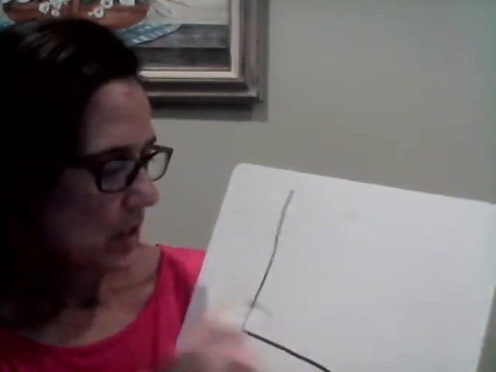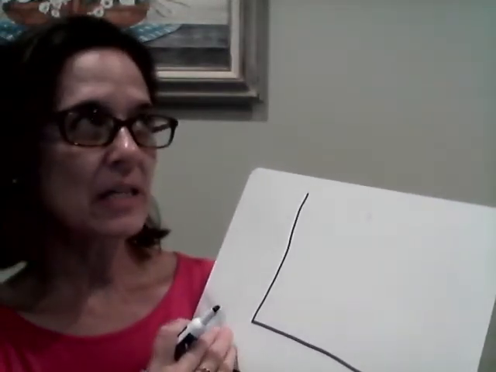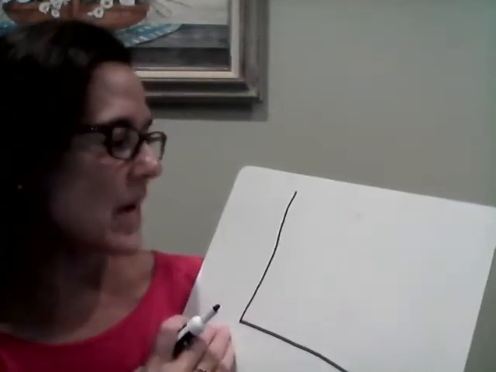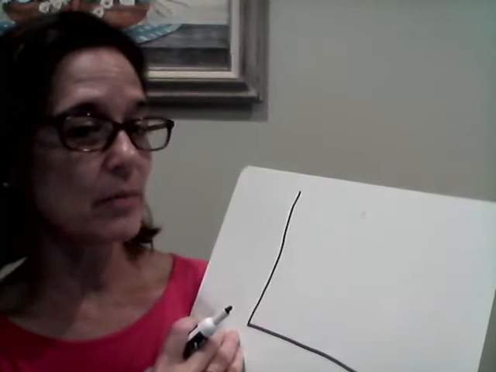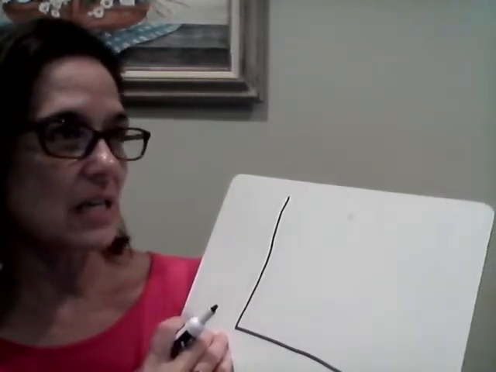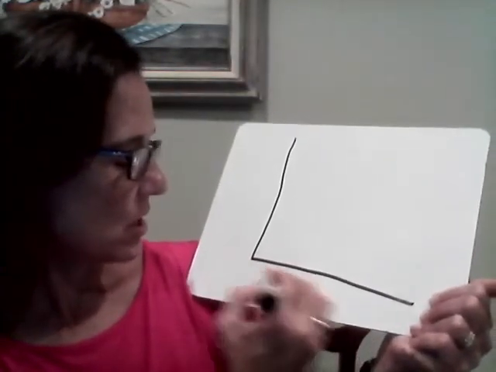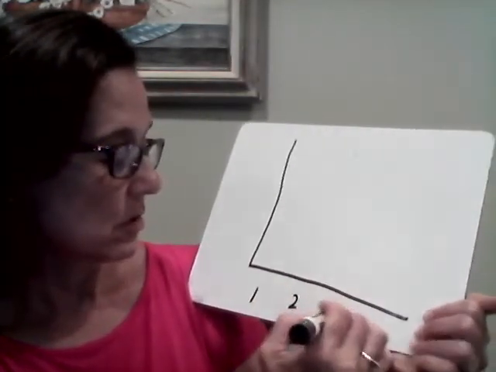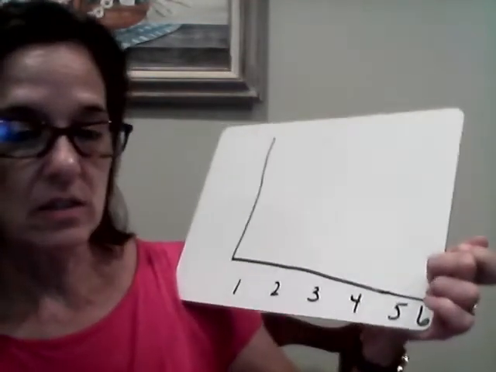So we knew that we needed to put our trials somewhere, and we needed to put the milliliters wasted somewhere. So we tried it several different ways. We decided that we had 6 trials, so we could put just the numbers 1, 2, 3, 4, 5, 6.